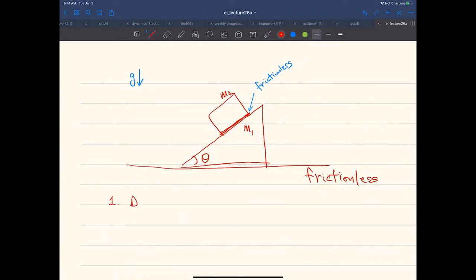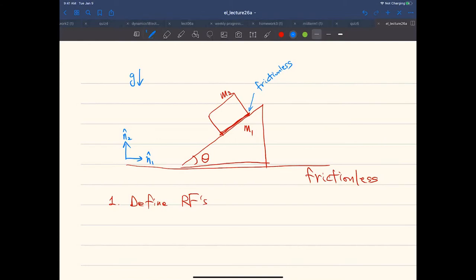First, define reference frames. In this case, you have to start with the Newtonian reference frame. So we have N1, N2, and obviously N3 is out of plane. That's our Newtonian reference frame.